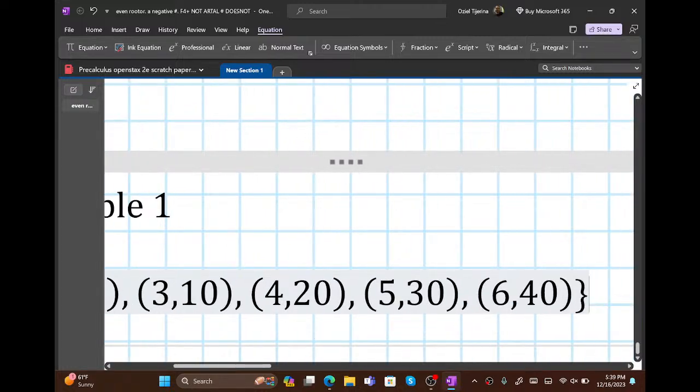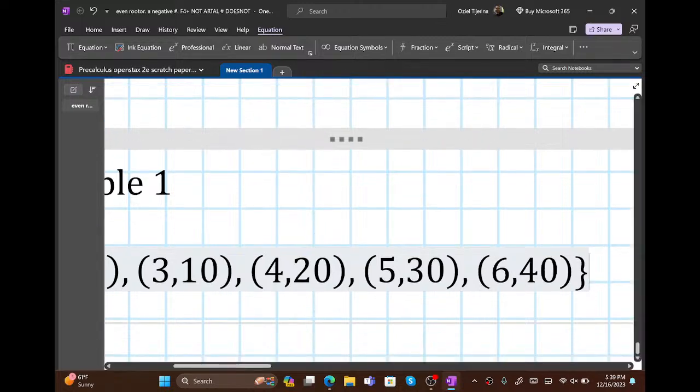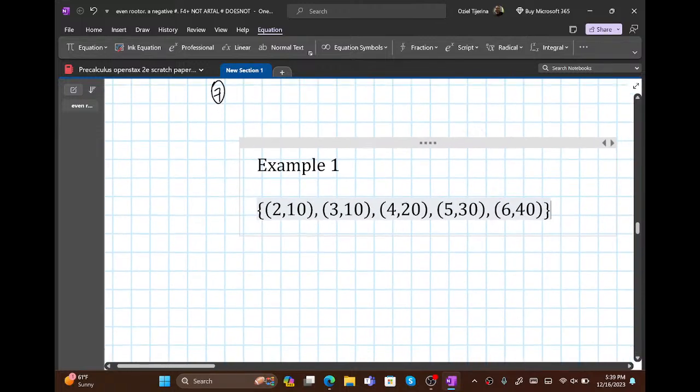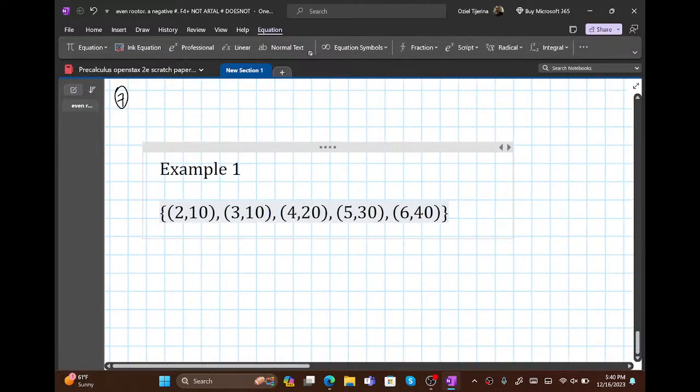So, what it says here is the following. We want to go ahead and state the domain in set notation.